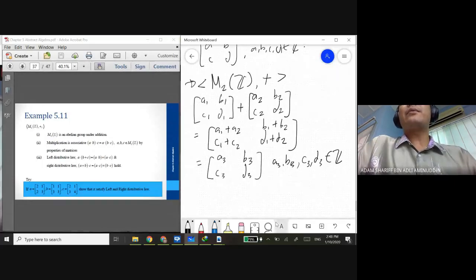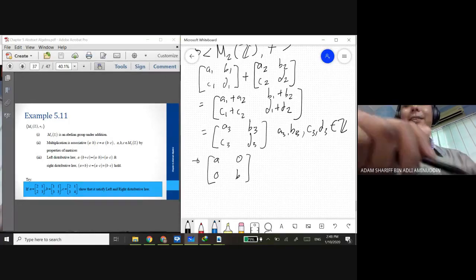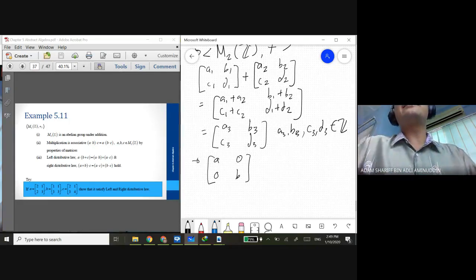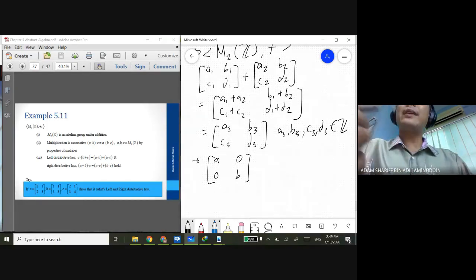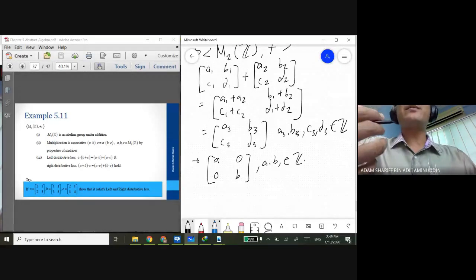Now comes to a different kind of question like this. Given a 2 by 2 matrix, but the elements might be like this: A, 0, 0, B. How come there is no B and C or D? Okay, this is still a subset of M2Z. 0 is an integer, so no problem if you get this kind of representation.